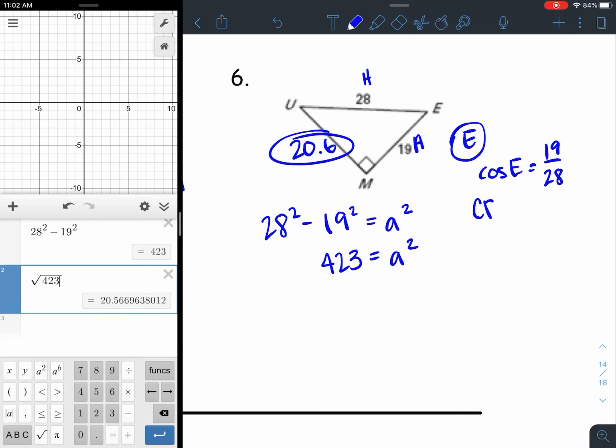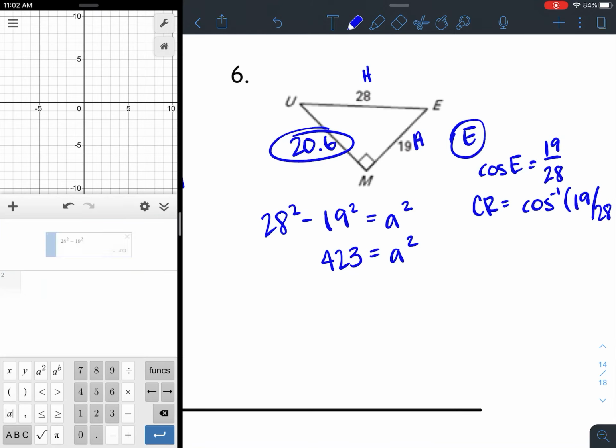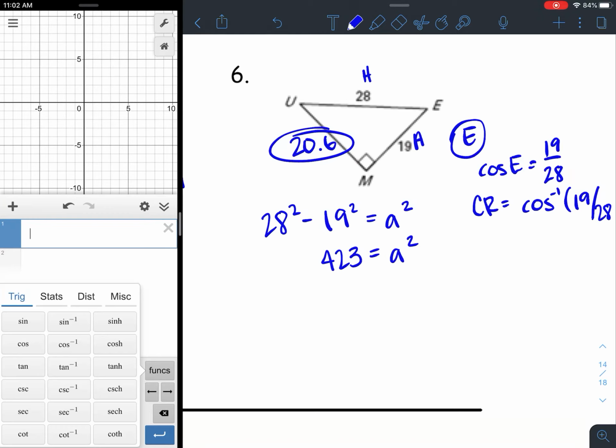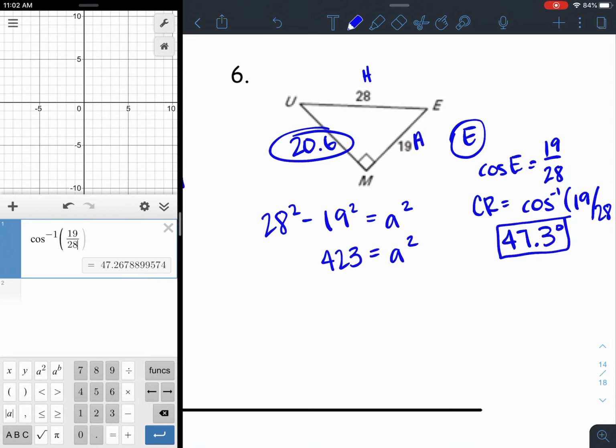And to put that calculator ready, I'm going to use the cosine inverse of 19 over 28. 19 divided by 28 gives me 47.3 degrees. Now, if you are confident in that, then you can just subtract to go ahead and get angle U, but I'm going to go ahead and work it out.